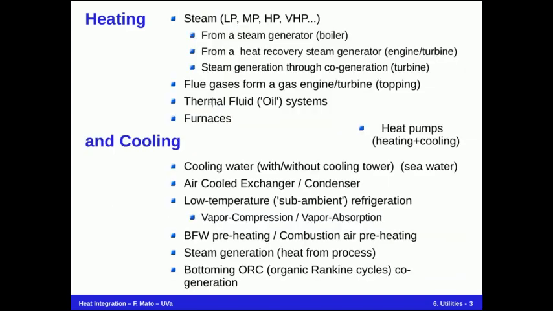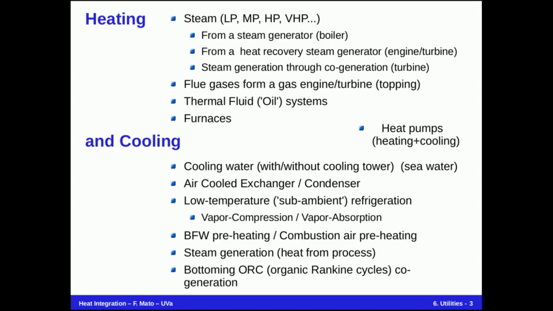You can find also thermal fluid or thermal oil systems, where the heat transfer medium is a heat-resistant compound heated in a boiler and taken to the system to heat some stream. After that, it comes back to the boiler to be heated again.